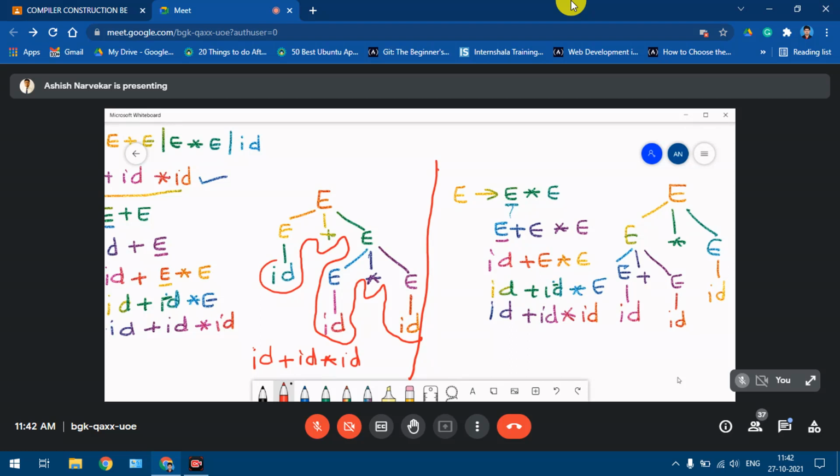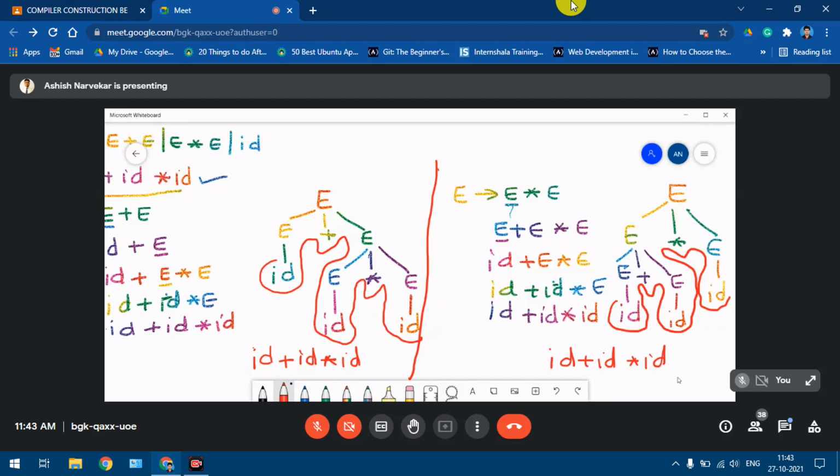If we trace this, then what we'll get here is ID plus ID star ID.